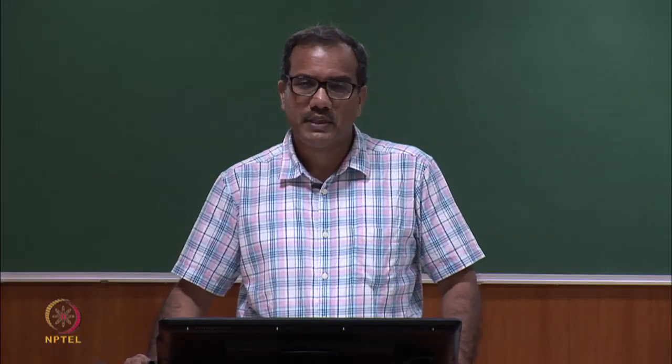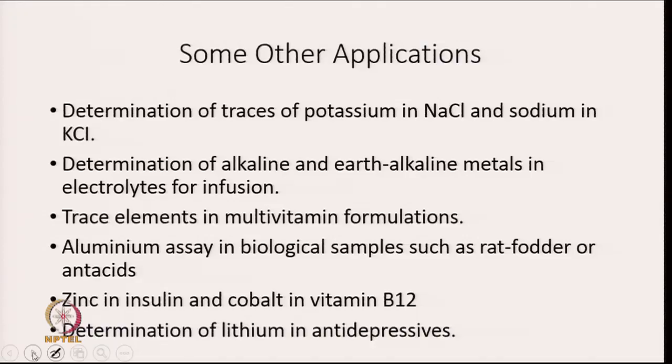There are some other applications. For example, determination of traces of potassium in sodium chloride and sodium in potassium chloride, determination of alkaline and alkaline earth metals in electrolytes for infusion, trace elements in multivitamin formulations. Multivitamin formulations have a lot of trace elements, and it is important to analyze those trace elements.